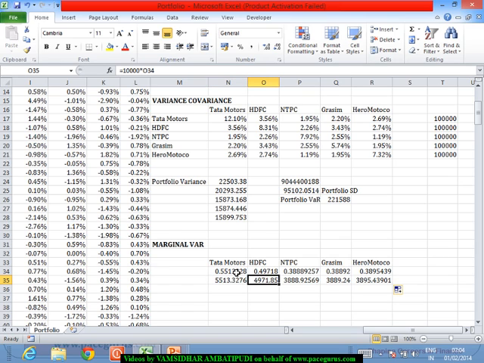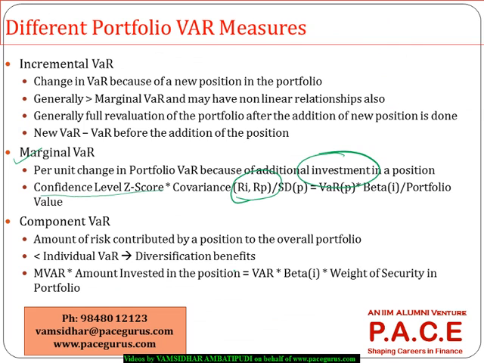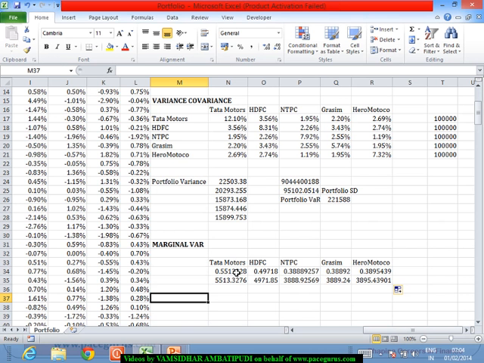So this is what we are calling the marginal VAR. But this is the additional contribution of this particular security to the overall portfolio, assuming the other changes do not exist.